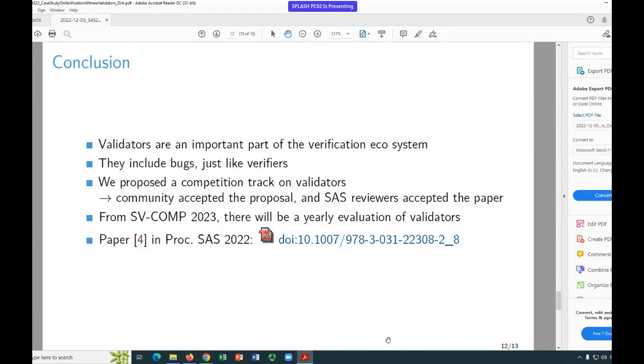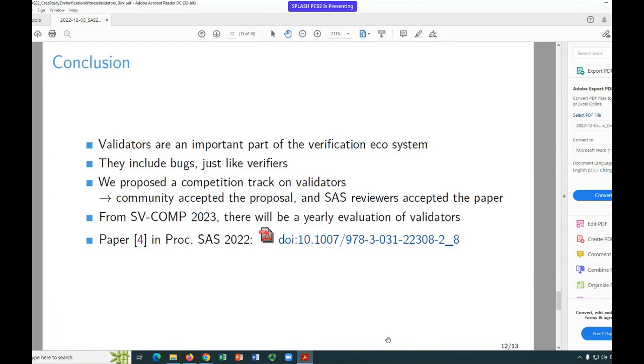Yes, so the static analyzer who uses the flow insensitive analysis somehow has to spit out a witness, right? If there is a branching and the analyzer cannot distinguish between the two branches, then the witness should describe both of the branches, because the verifier does not know which branch contains the bug.